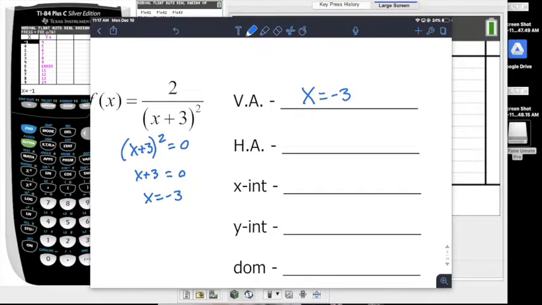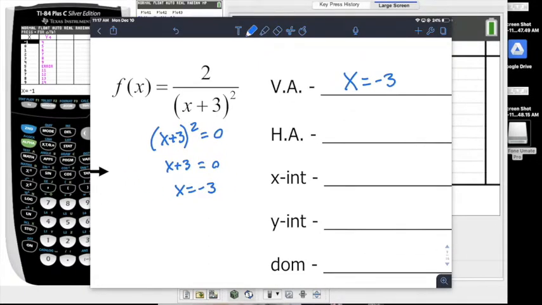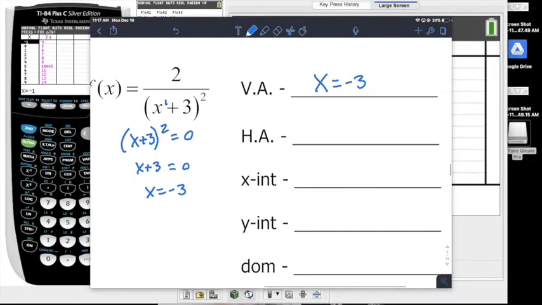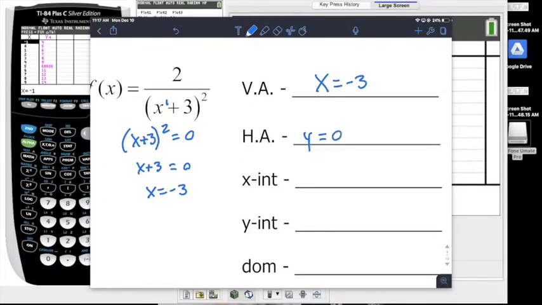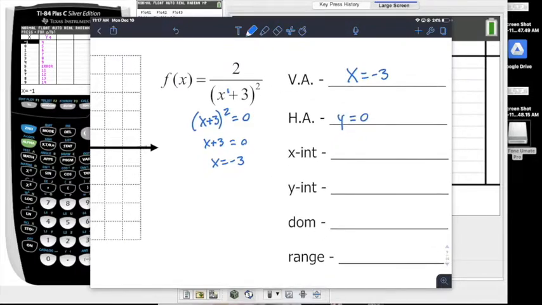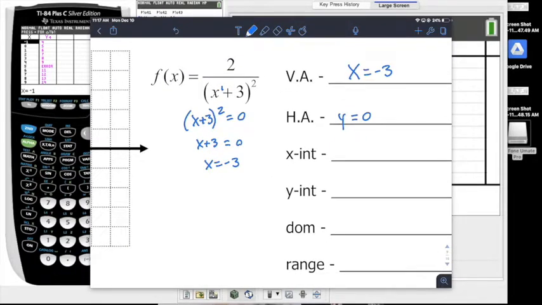Okay. Horizontal asymptote, so its power is 1 here, but when you FOIL it together, it's going to be degree 2. That's definitely bottom heavy. So it means horizontal asymptote will be at 0. And then x-intercept, we're going to set the numerator equal to 0, which cannot happen there. So we say that there is none here.